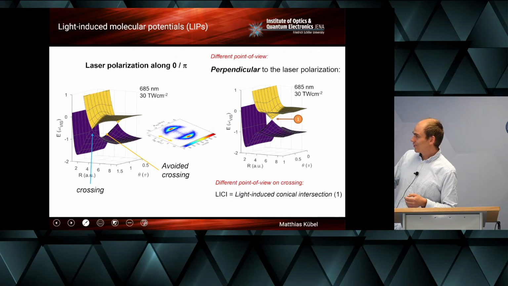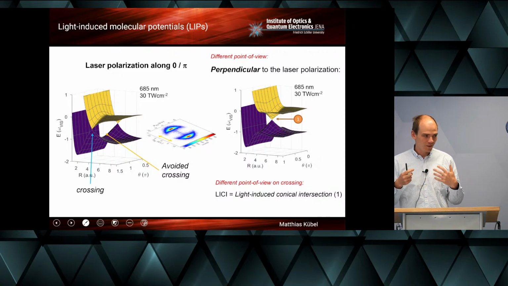In that picture, this appears in diatomics. So the question arose: can we use these diatomics to extract some general information about molecular dynamics around such conical intersections?